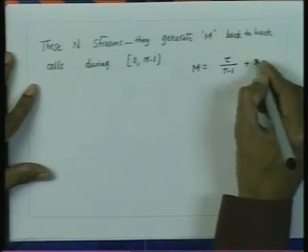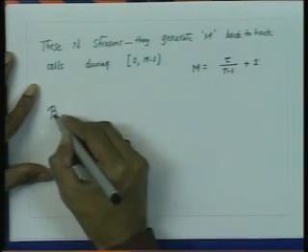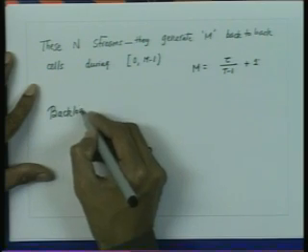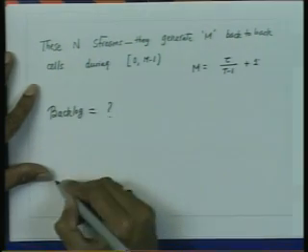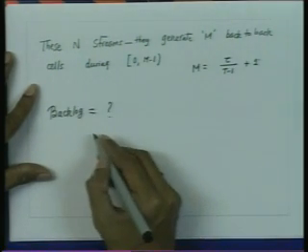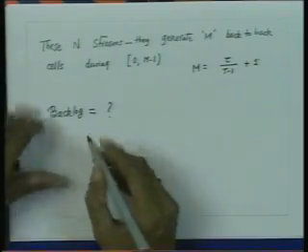Now how much will then be the backlog in the buffer? The backlog will be how many cells have been generated, minus how many cells have been transmitted by the buffer. How many cells have been generated? Each of the streams has generated m cells. There are n streams, so n into m cells have been generated.